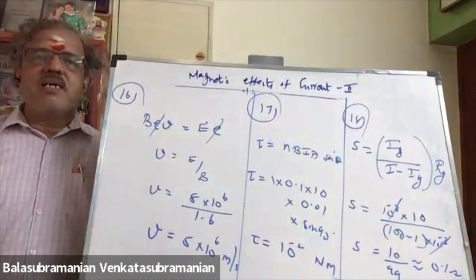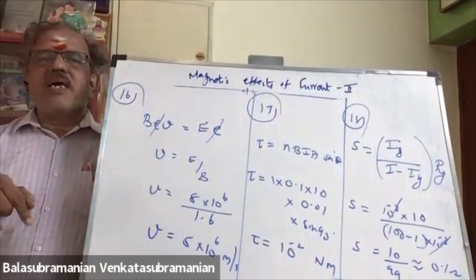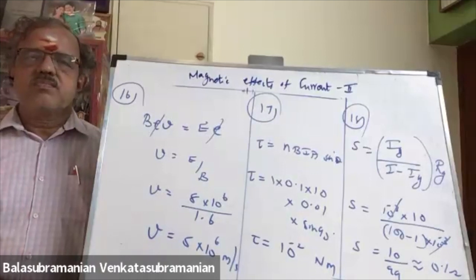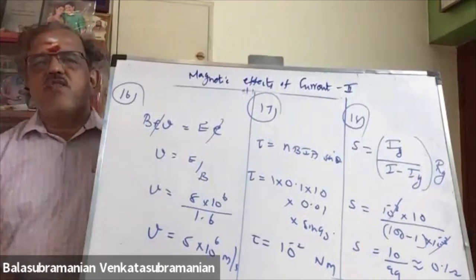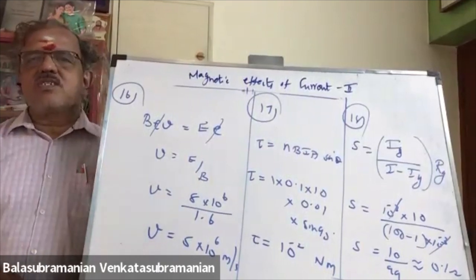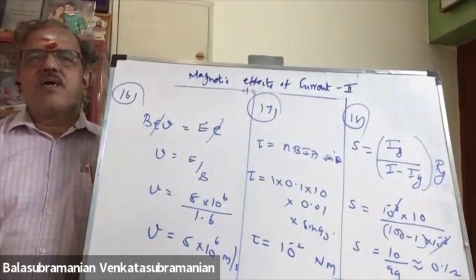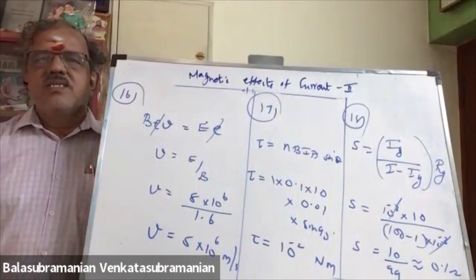Along the bar magnet, along the equatorial line, what is the magnetic field? What is called a current loop in a magnetic field? What is called Bohr magneton? This and all we will discuss in the next part of magnetic effects of current. Okay. Thank you. We'll continue.